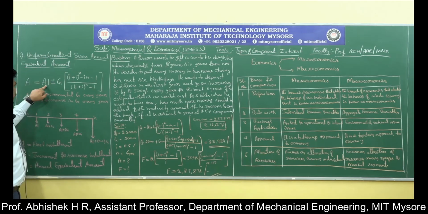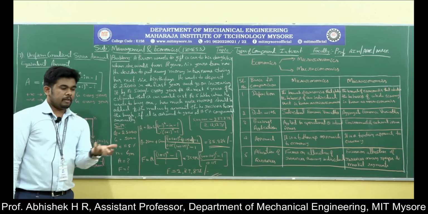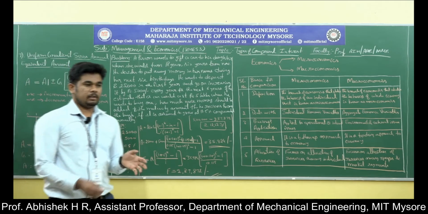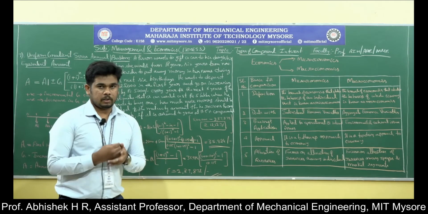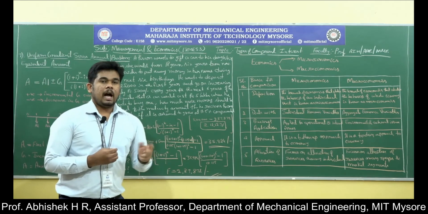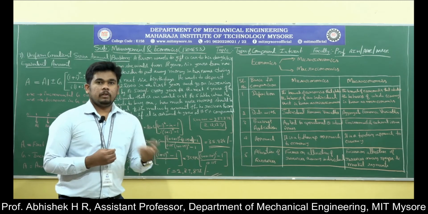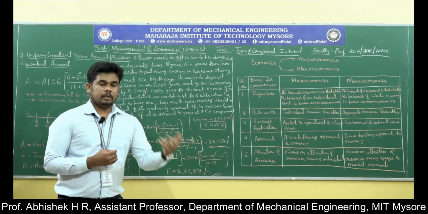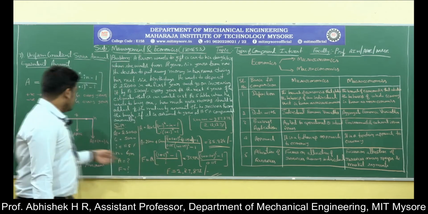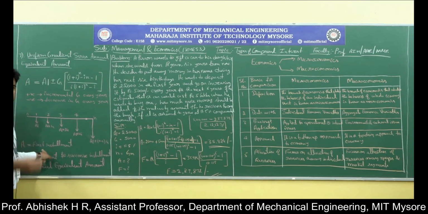Here A1 is the first installment amount. For example, at the very first time I am going to invest 50,000. Thereafter I will increase it by 5,000 or 10,000, so 55,000, 60,000, and so on. So A1 is the first installment amount. Then G is the increment for each successive installment, which we indicate by a positive or negative sign.